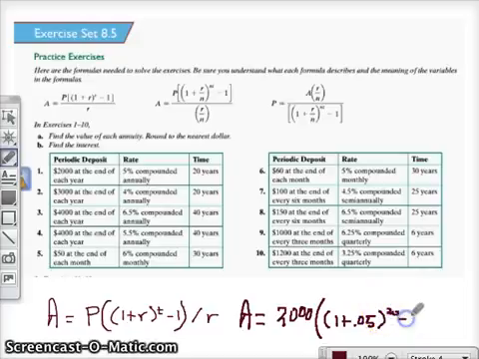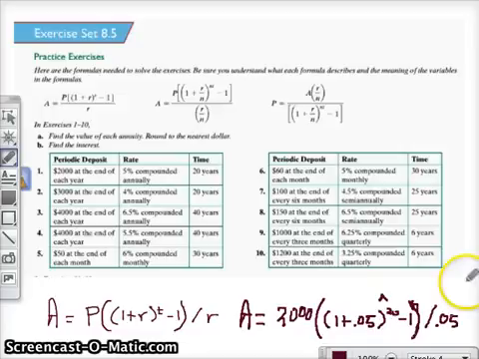Don't forget to put minus 1, right parenthesis. Then you divide by the r, which is 0.05. I wrote it how you're going to put it in your calculator. The only thing is for that power, you're going to use that little key. That's how you do that, and you should be able to get the right answer. This is why I told you to get that calculator, so you wouldn't have any kind of problems with this.